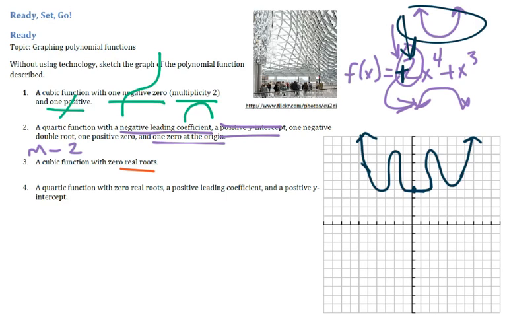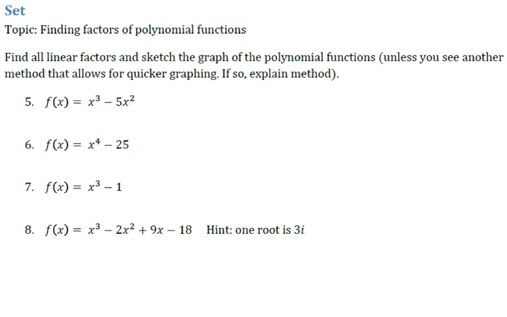Let's keep moving on with this homework. Maybe we'll do it all together. Okay, finding factors of polynomial functions. Find all linear factors and sketch the graph of the polynomial function, unless you see another method that allows for quicker graphing. If so, explain method. Okay? Alrighty. First of all, since we didn't cover these too much, let's not worry about that one.